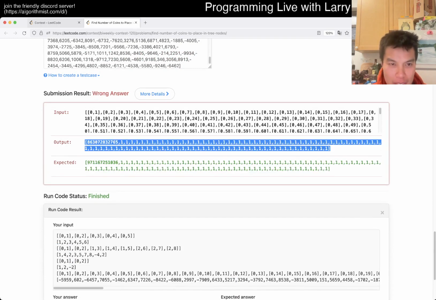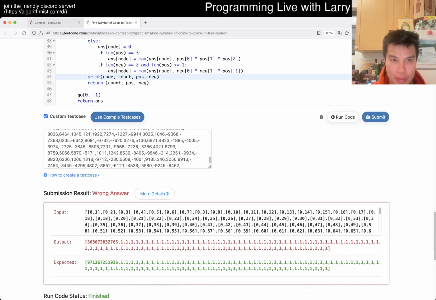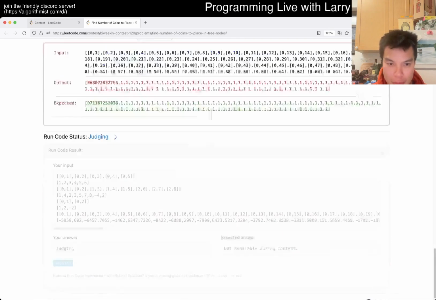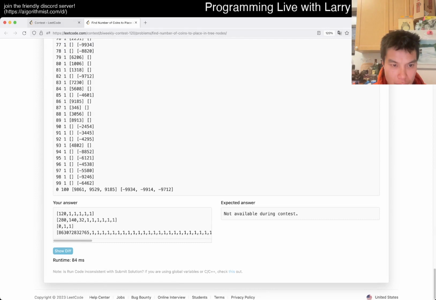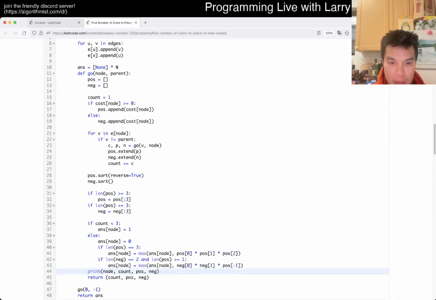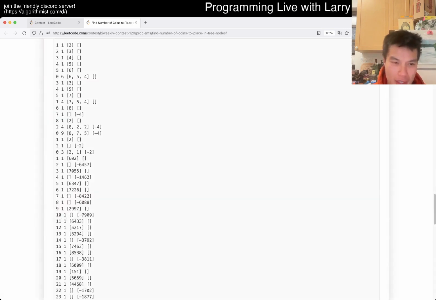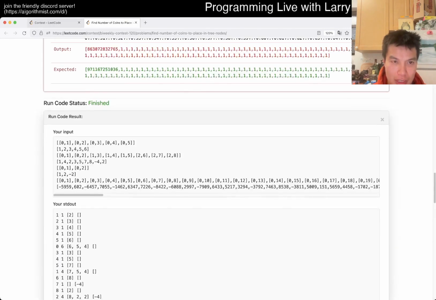Okay, this is actually pretty easy to read. Oh, I am dumb. I rewrote the thing and then I forgot to take that into account.